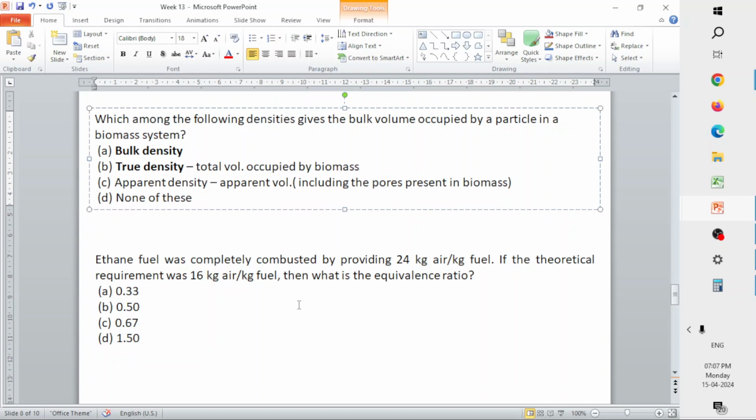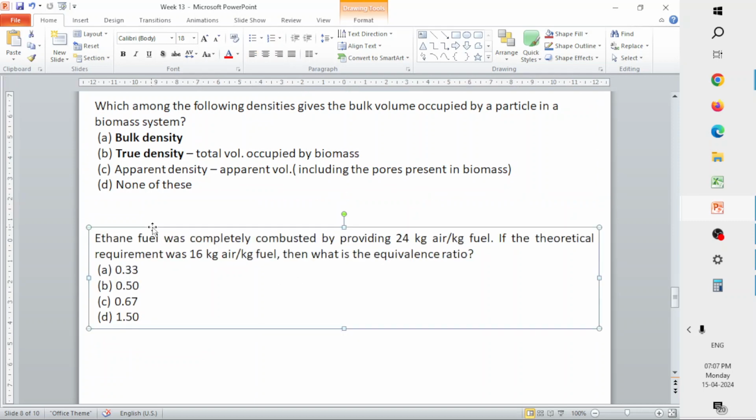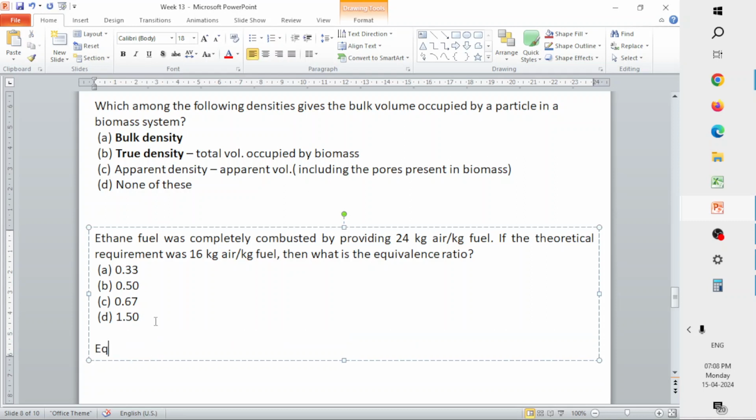So yeah, this is the last question for today's session. We are burning ethane fuel, and we are providing 24 kg of air per kg of fuel. If the theoretical requirement is 16 kg of air per kg of fuel, then what is the equivalence ratio? Equivalence ratio.